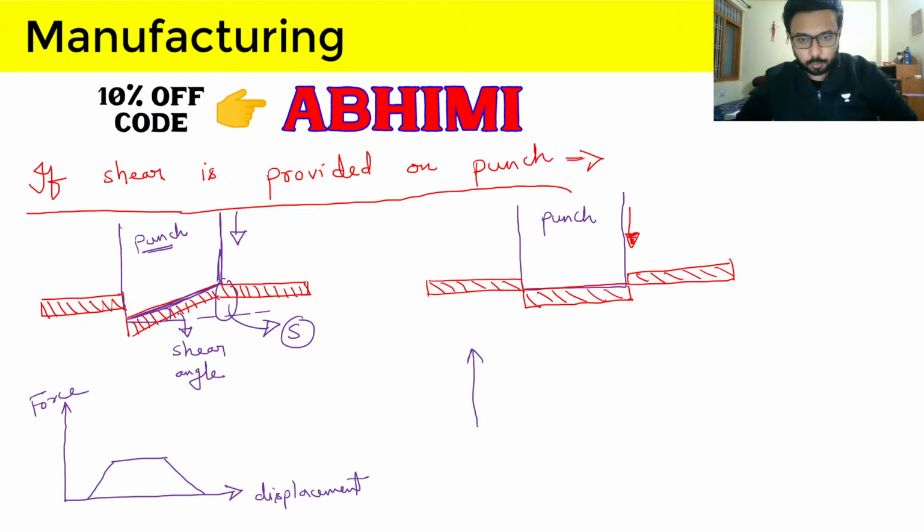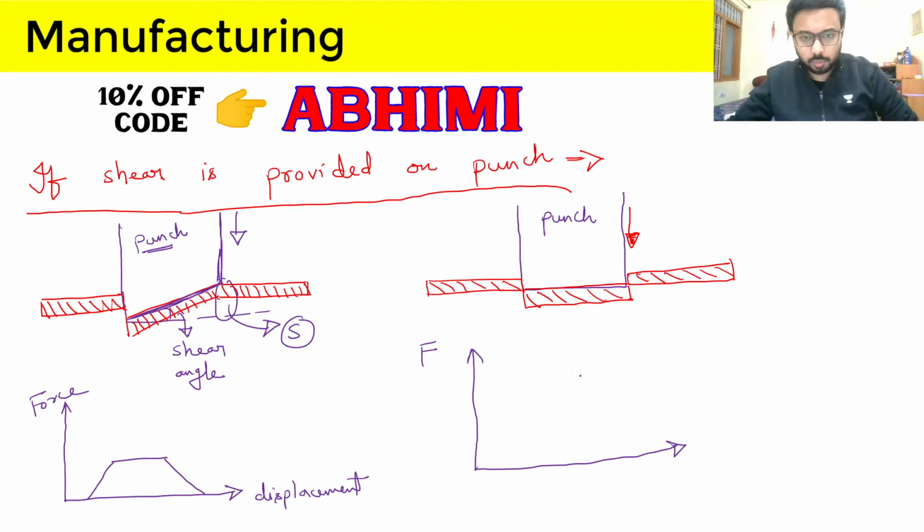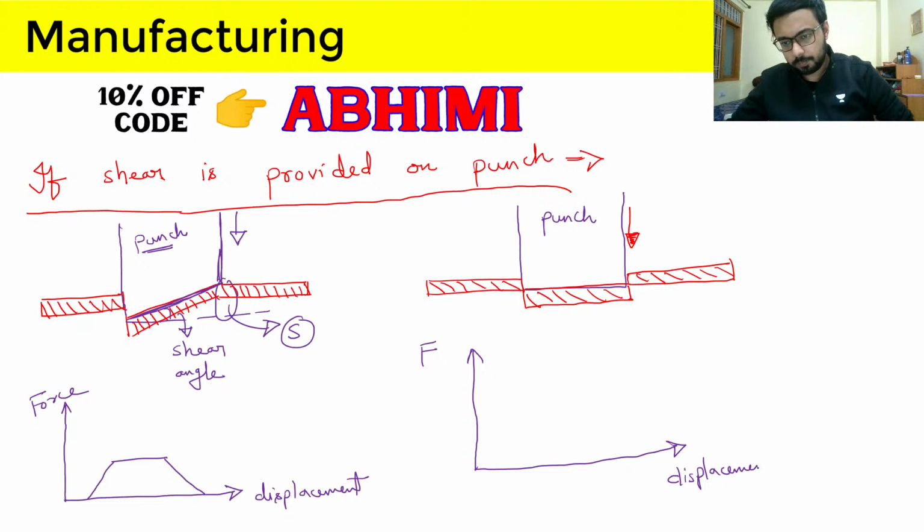Let us draw here the force versus displacement graph for a punch with no shear. So F versus displacement. First of all, we need to know that here the maximum force will be more.